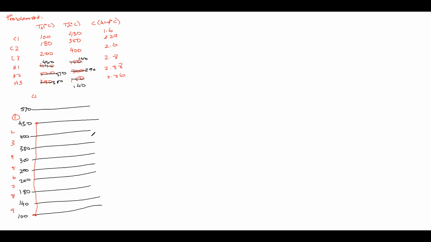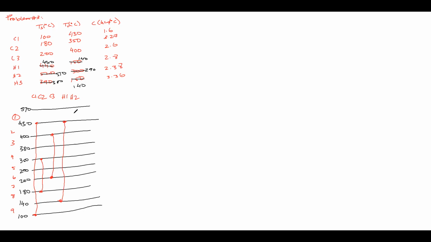C2 is 180 to 350. So I have 350 all the way down to 180. This is C2. C3 is 200 to 400. So I have 400 all the way down to 200. H1 in this case is 430 to 140.